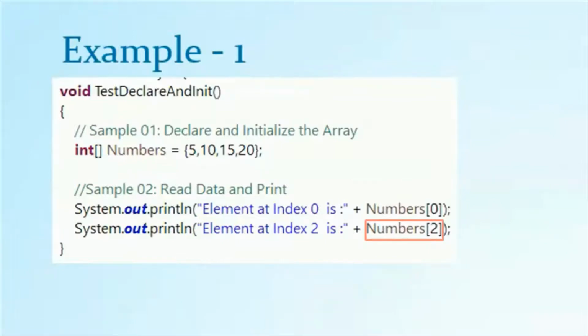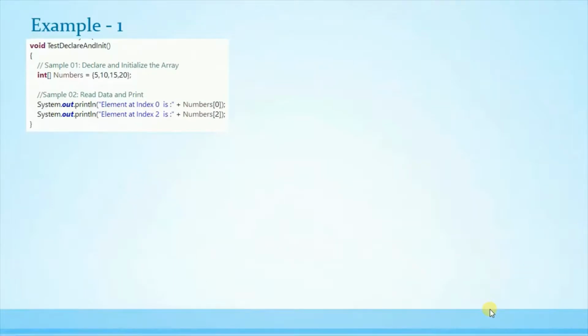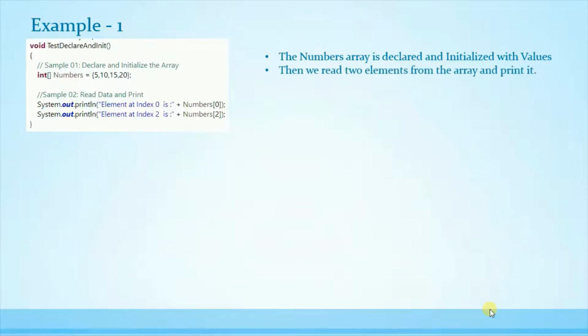Since the index starts from 0, if we need to get the array element at location 20, then in the index we have to pass 19, since the indexing starts from 0. Yes, here we declared an array, then we also initialized the values, then we read the 2 elements and printed it.